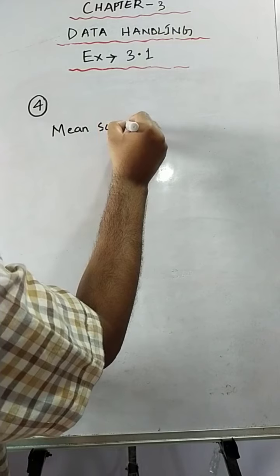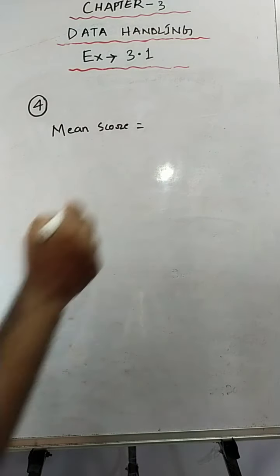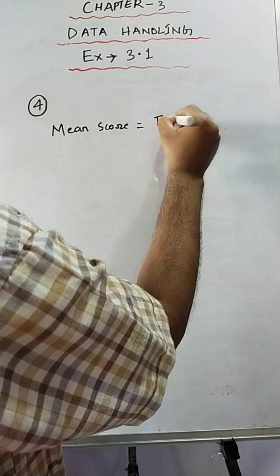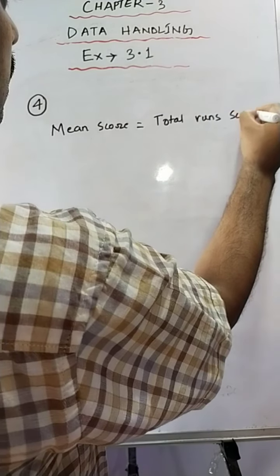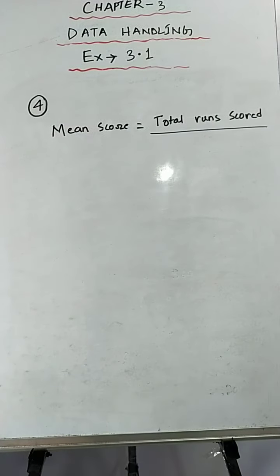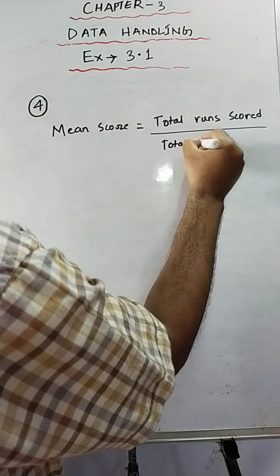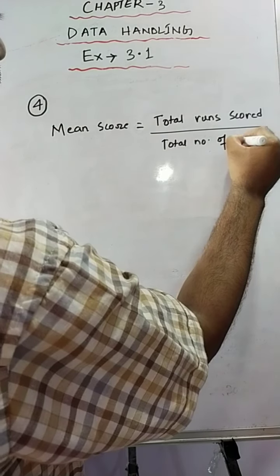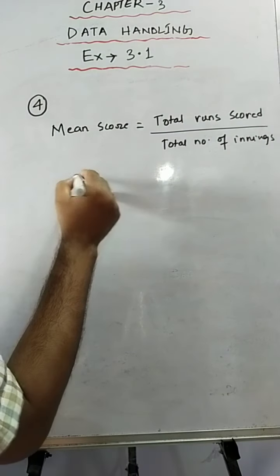That means mean score would be equal to total runs scored by total number of innings. So what are the total runs?